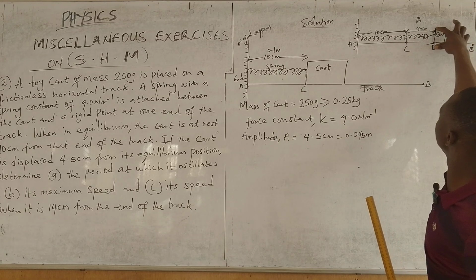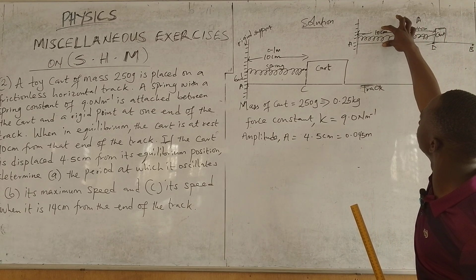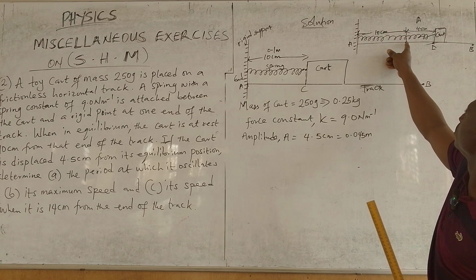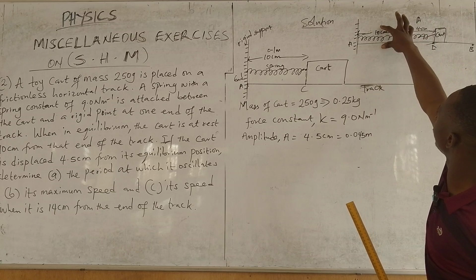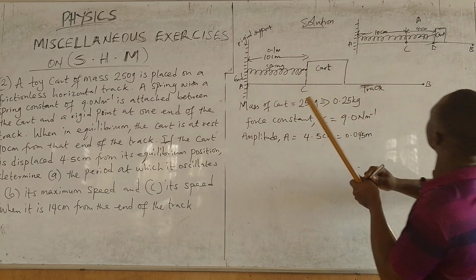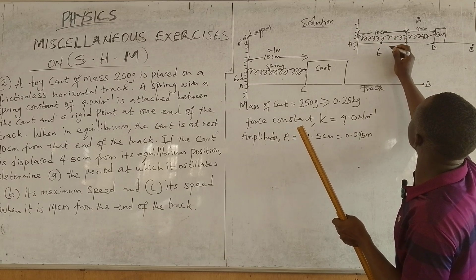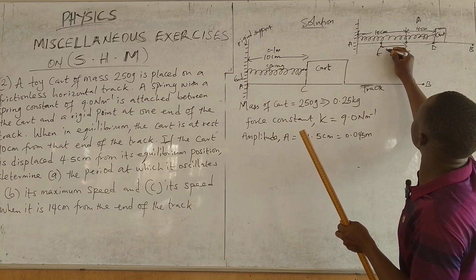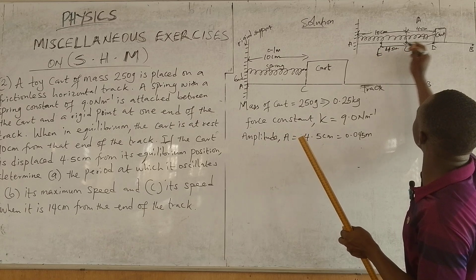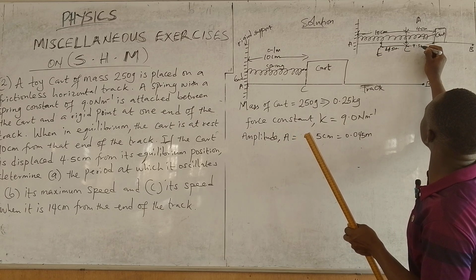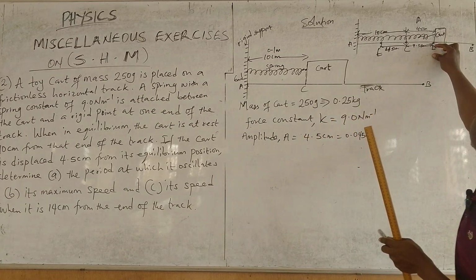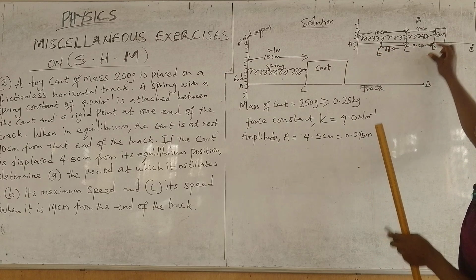It will be compressed this way 4.5 centimeters from C to the left-hand side, maybe to point E. From E to C, 4.5, then back again 4.5 centimeters to point D. So this is to and fro.